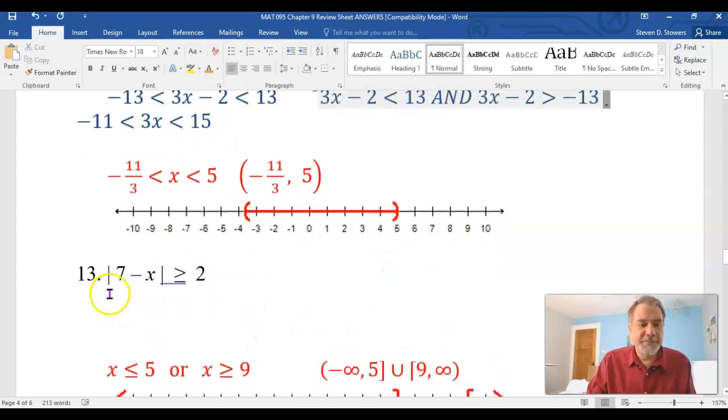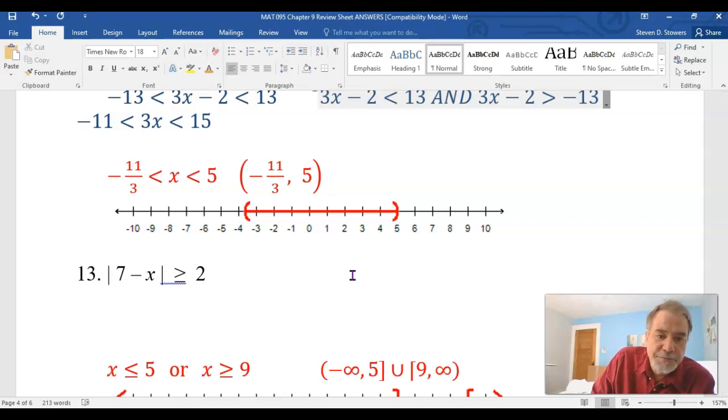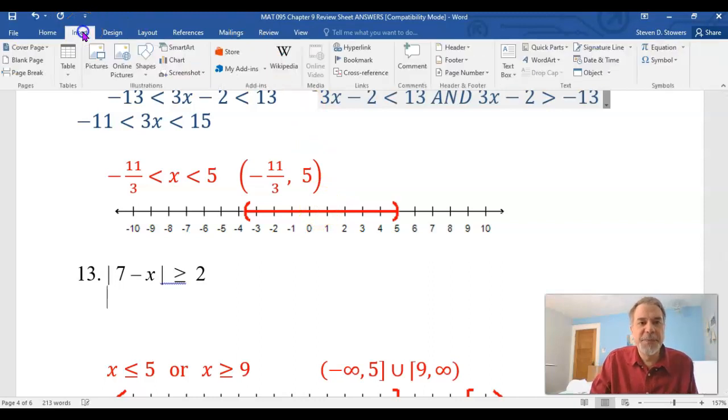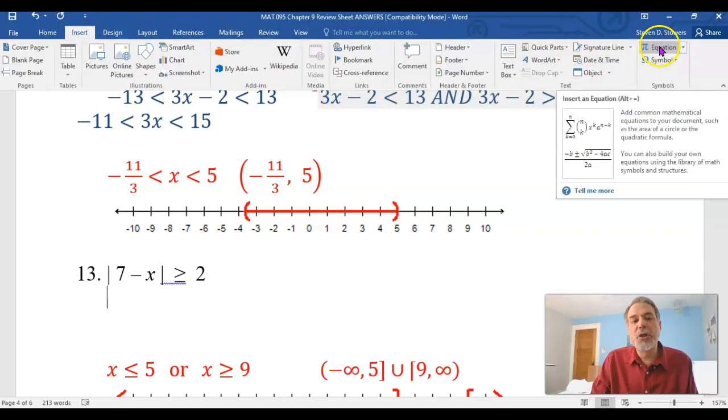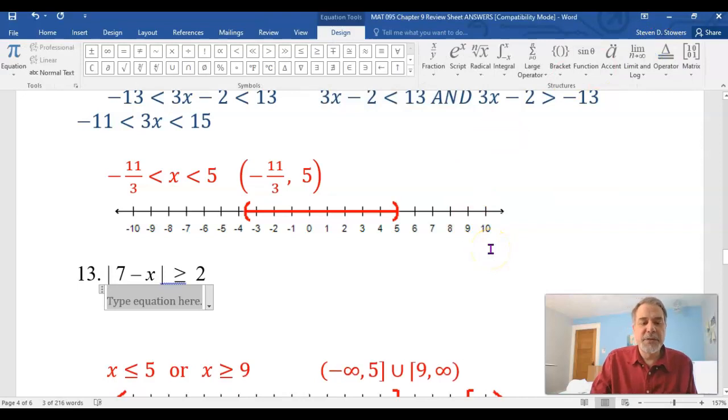Number 13. The absolute value of 7 minus x is greater than or equal to 2. So remember how this works. The rule is when you have the absolute value of some expression greater than or equal to some particular positive number, that has to break down into two separate possibilities.